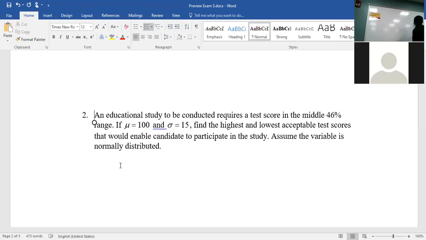You will want to find Z and Z. So if you get this value, we will be using the formula sigma Z plus mu for these two values. If this area is 0.23, what will be this area? 0.27.